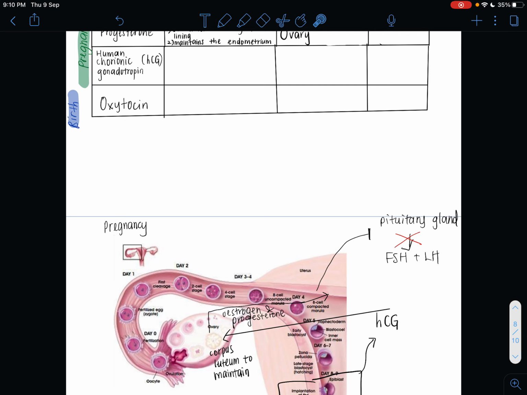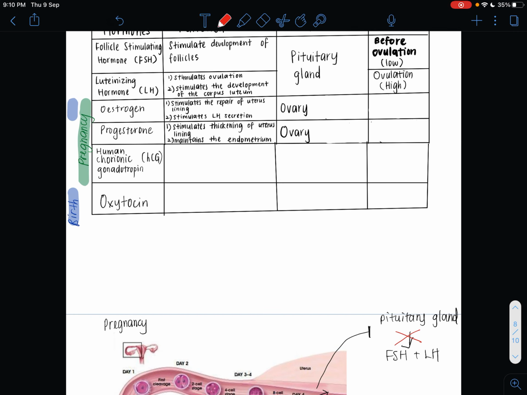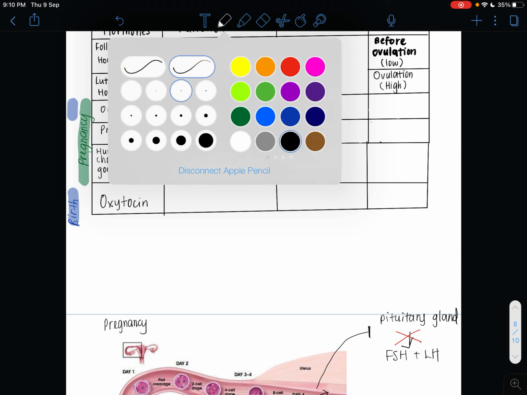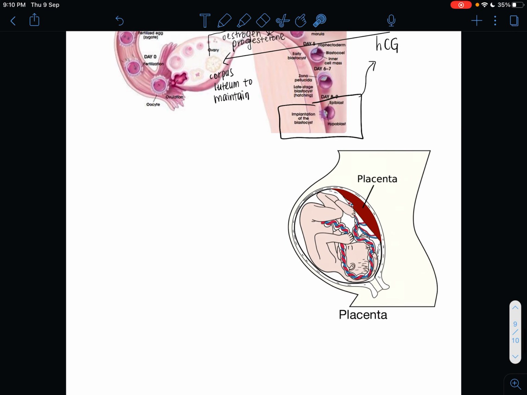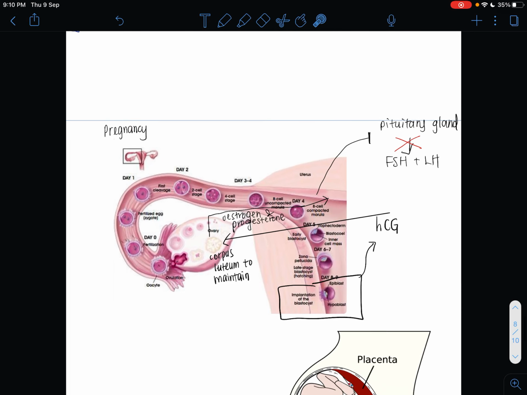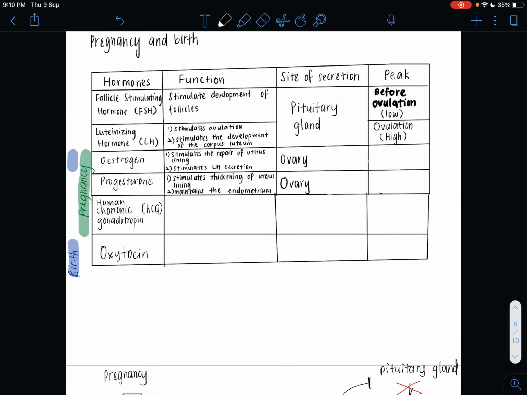Okay, so the corpus luteum, in the ovary, would continue to be the site of production for progesterone until the point of pregnancy where the placenta is formed. Now, once the placenta is formed, the placenta will take over the role of the corpus luteum to secrete progesterone.